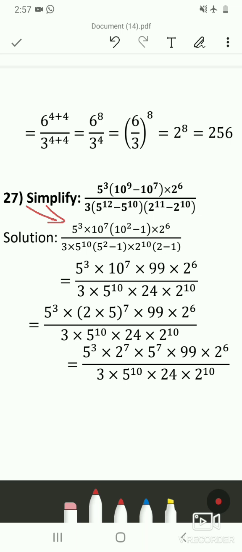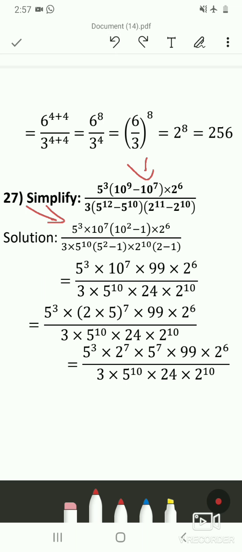In the first step we'll get it as 5 cube into, here 10 raised to 7 is common, so we are getting it as 10 raised to 7 into (10 raised to 2 minus 1) into 2 raised to 6. In the denominator here you can see 5 raised to 10 is common and here 2 raised to 10 is common. So in the denominator we'll get it as 3 into 5 raised to 10 into (5 square minus 1) into 2 raised to 10 into (2 minus 1).